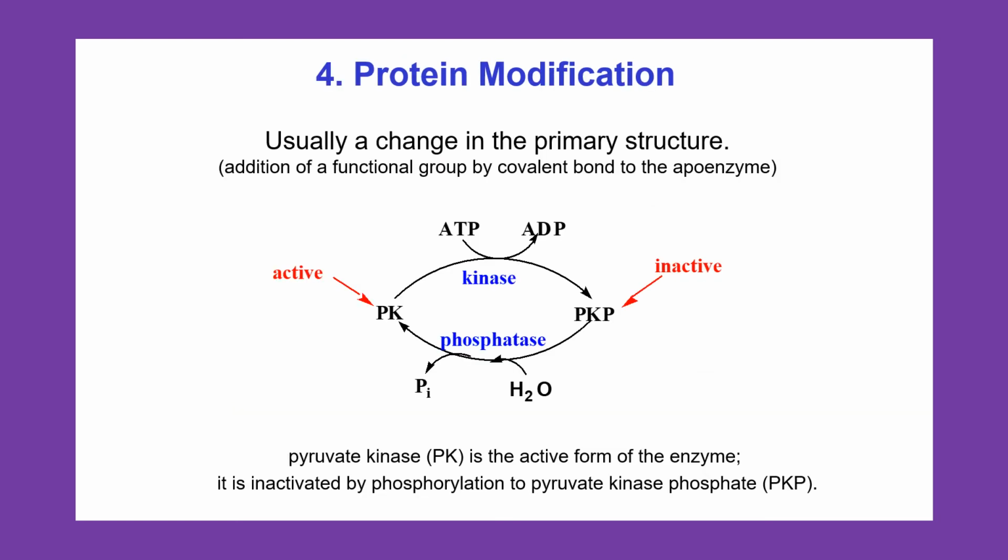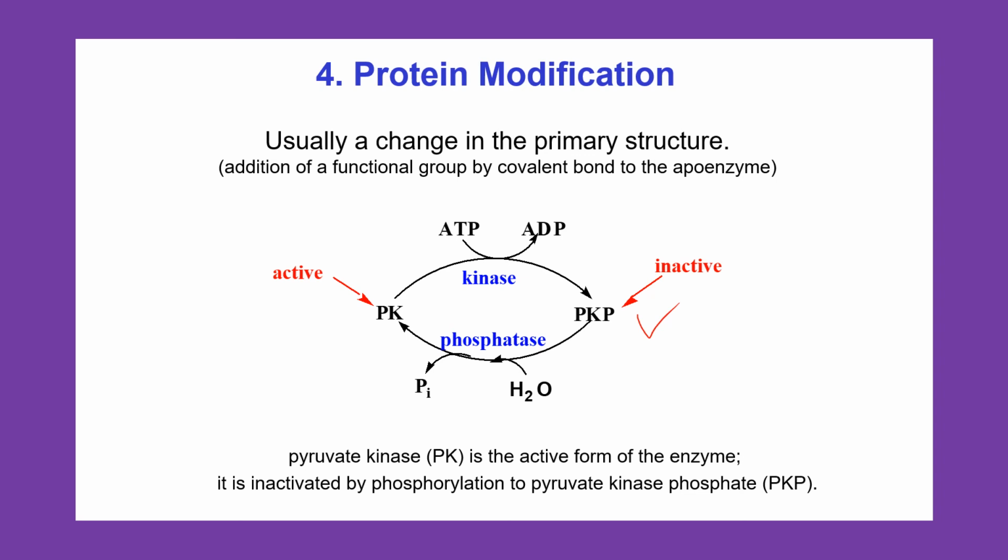The activity of an enzyme may also be controlled by protein modification. The modification is usually a change in the primary structure, typically by addition of a functional group covalently bound to the apoenzyme. For example, the active enzyme pyruvate kinase becomes inactive when it is phosphorylated.